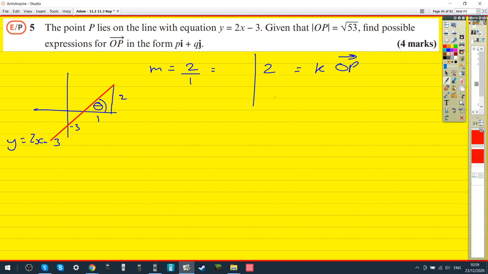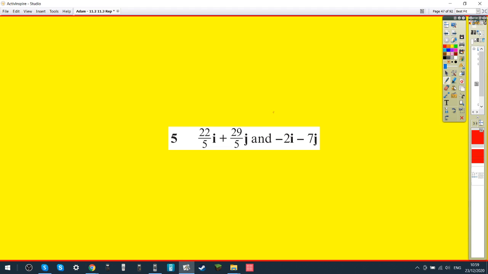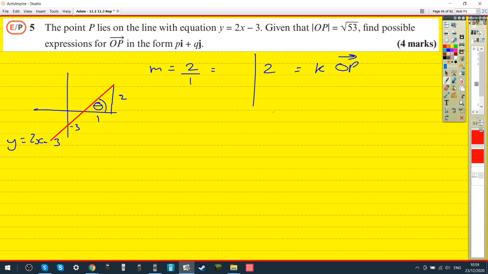So it'll be arctan 2, I believe. Opposite over adjacent. So it'd be inverse tan 2, which is 63.435.